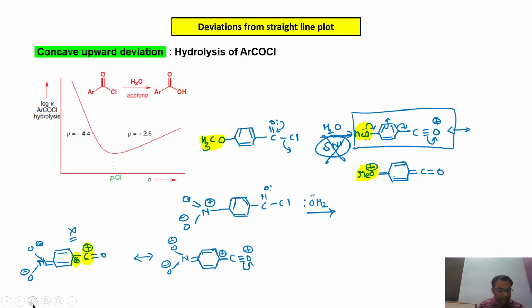And now this SN2 type of mechanism is assisted by this nitro group, as it will withdraw the electron density of this carbonyl group, and therefore make this carbon more electrophilic towards nucleophilic attack, and therefore the SN2 reaction is accelerated.